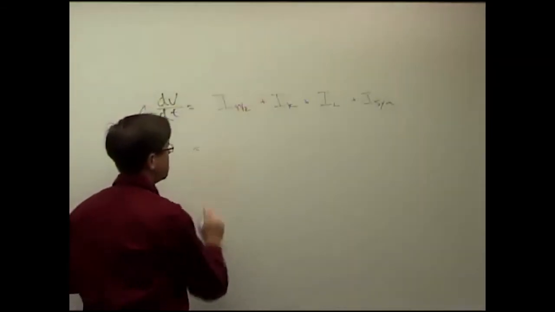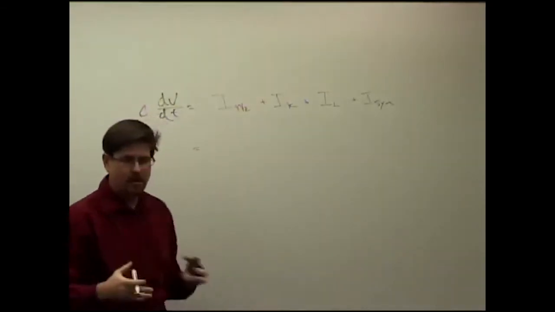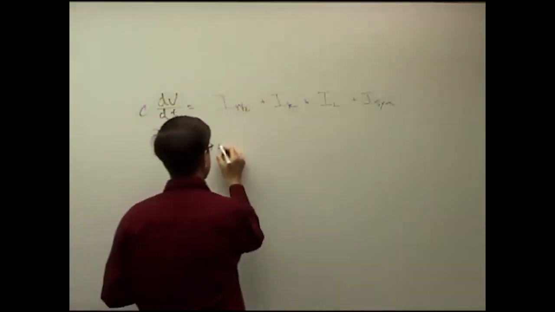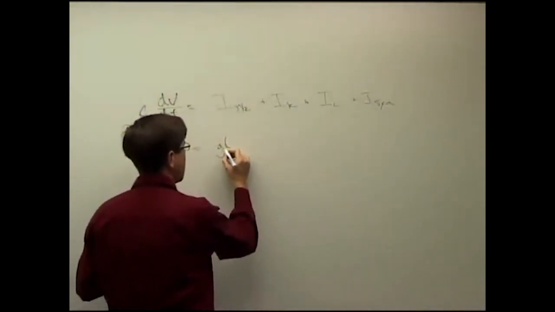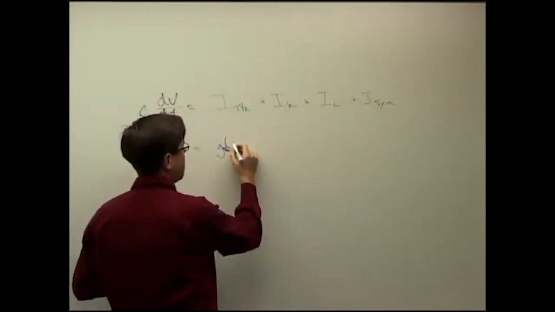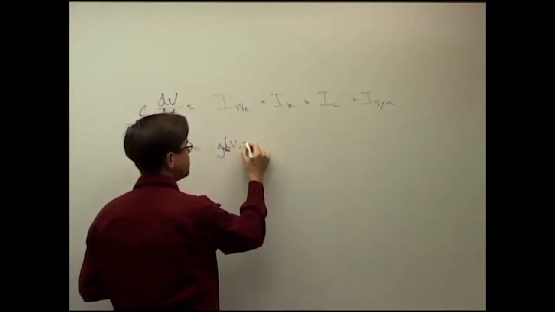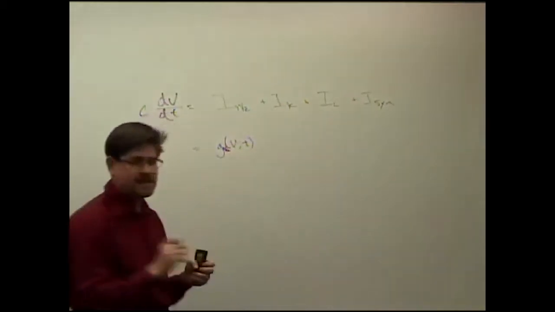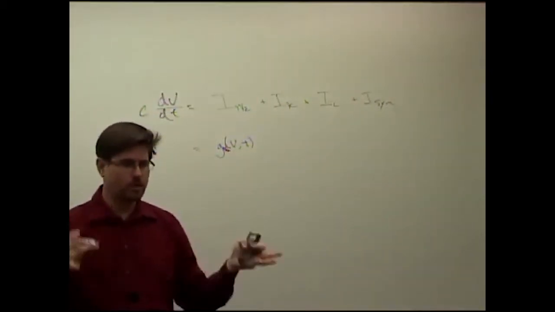So we can actually define these currents more explicitly in that they have gating variables. So there's some kind of opening and closing of a sodium channel which is dependent on the voltage and time, because it takes a little time for these ion channels to open and close, right?